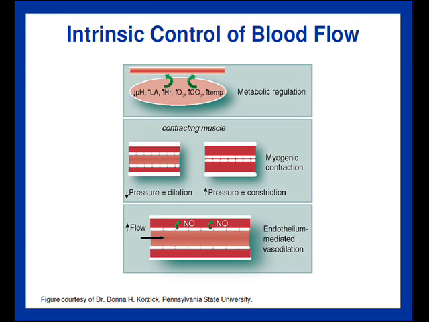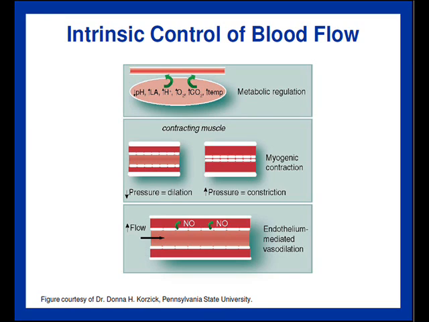Shear stress caused by an increase in blood flow. In response to an increase in shear stress, because of this increase in blood flow, they will release nitric oxide. The nitric oxide can work back to the smooth muscle and relax them. Relaxing them, we get vasodilation. Okay? To accommodate this increase in blood flow.